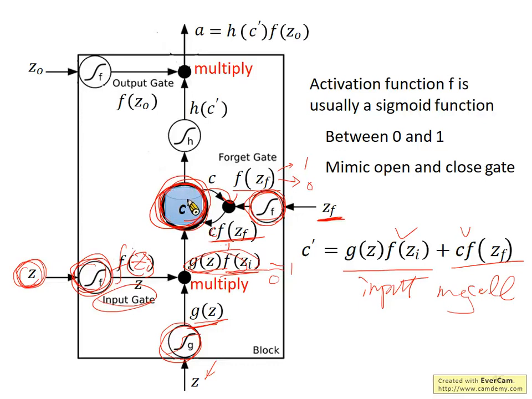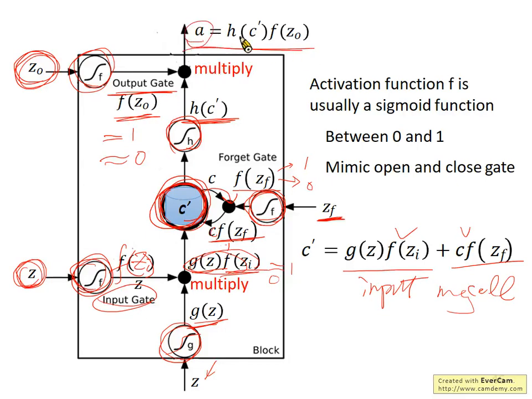Then we input c' to an activation function to get h(c'). Finally, whether we can output this value is controlled by the output gate. Z_o is input to the activation function, and f(Z_o) is approximately equal to 1 or approximately equal to 0. If f(Z_o) is close to 1, then we can output this value, because the output a is equal to h(c') multiplied by f(Z_o).